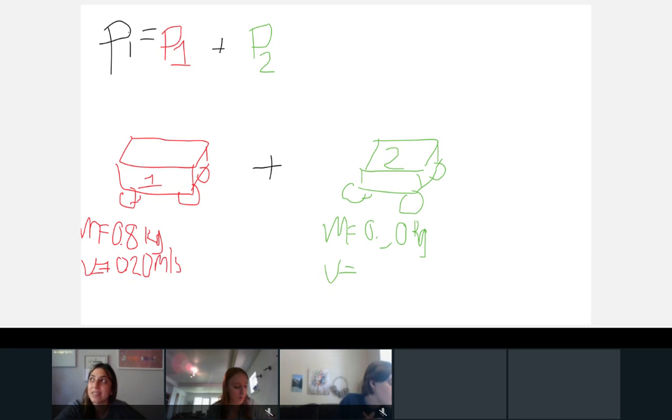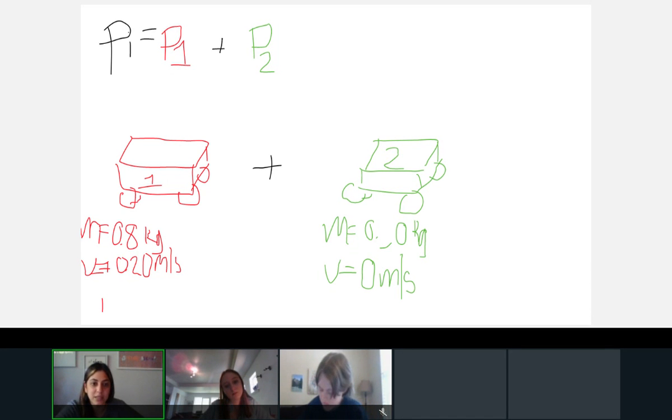It doesn't say. Right, because it says it collides with a stationary second wagon. When something is stationary, what does that mean? It's not moving. So if it's not moving, what's the velocity going to be? 0. Good.